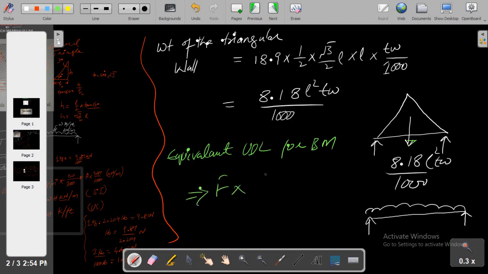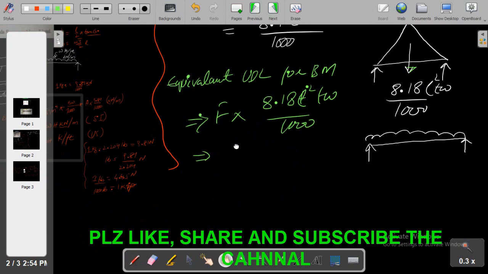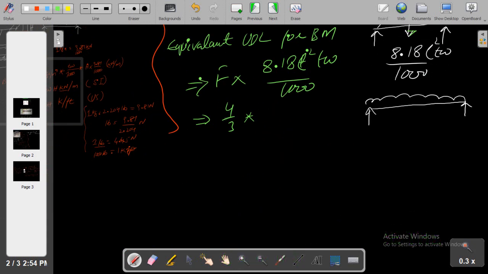F times the load, that is 8.18 L square TW divided by 1000. Now that factor is 4/3. Please watch that lecture, that is lecture 02 part 8. I have derived this.